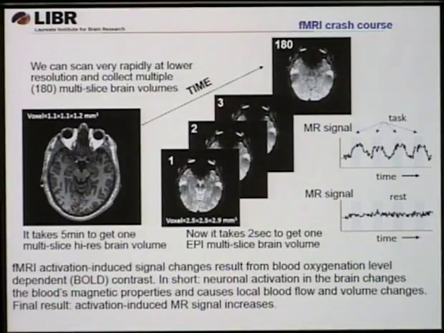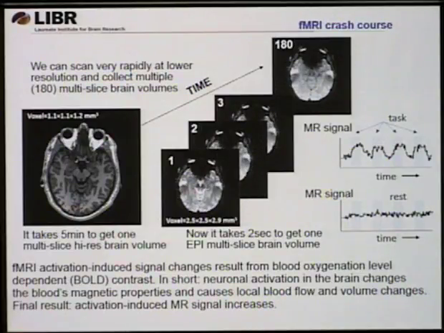Lucky for us, if we put the subject in and run this fast sequence, and then we ask the subject to do something, what happens with the MR signal? If there is no task for the subject during this data collection, the signal is supposed to look like this. It's kind of flat, varying up and down a little bit, but not much.